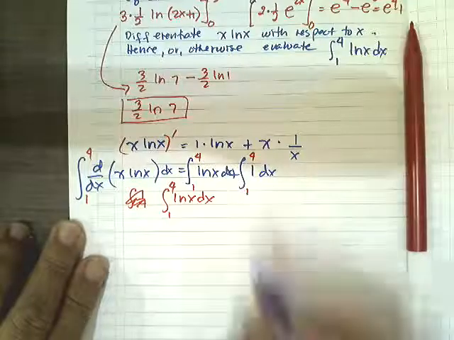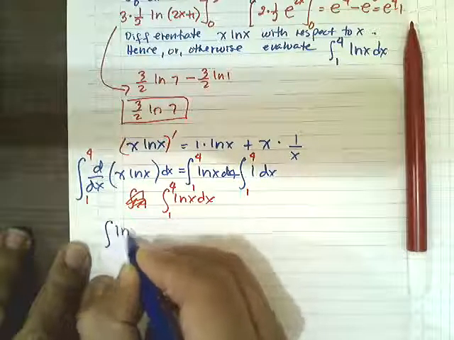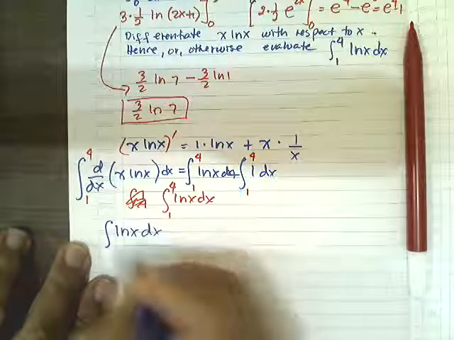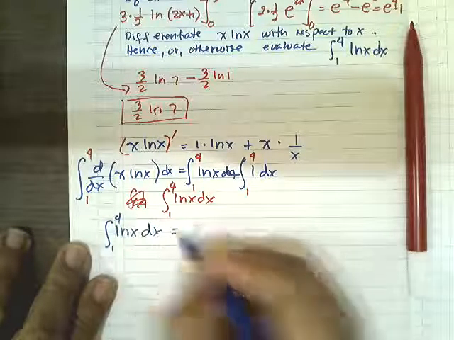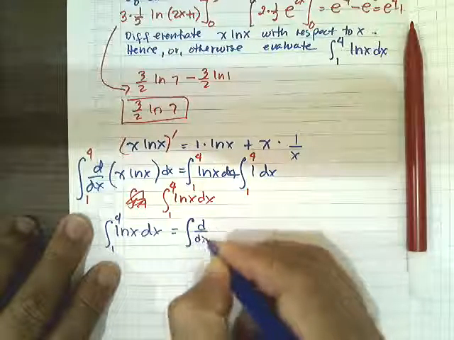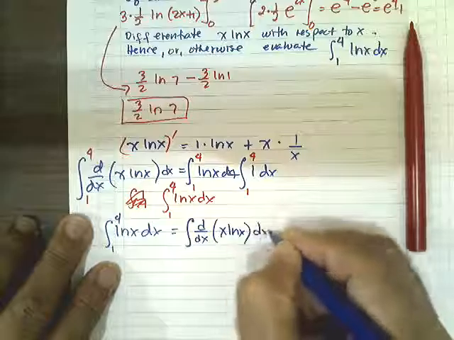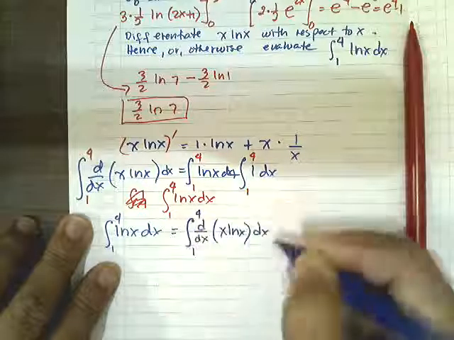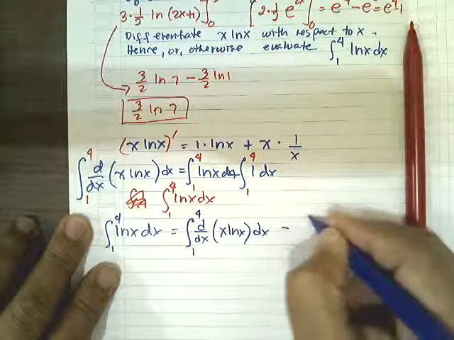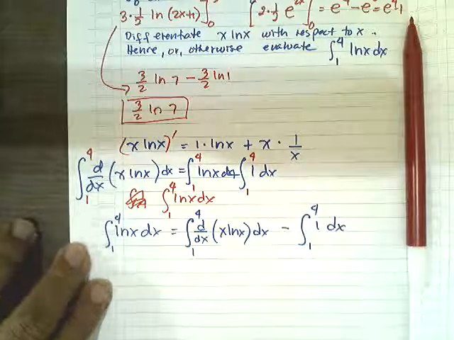So therefore, the integral of ln x dx from 1 to 4 is equal to the integral of the derivative of x ln x dx from 1 to 4, minus the integral of 1 dx from 1 to 4.